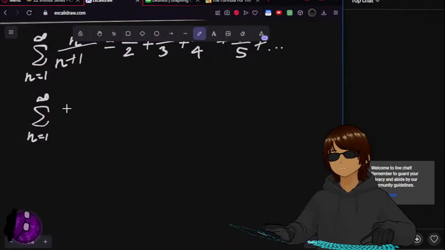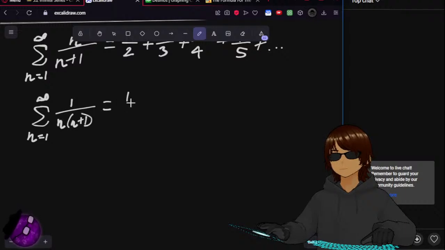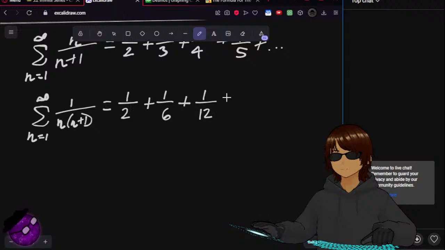The sum to infinity, this time, of 1 over n times n plus 1. So 1 times 2 is 2, 2 times 3 is 6, 3 times 4, 4 times 5.